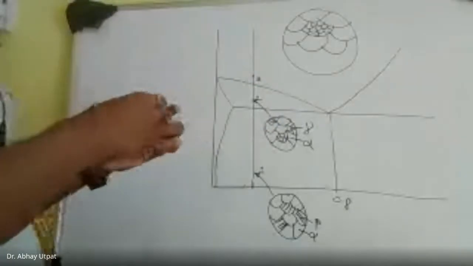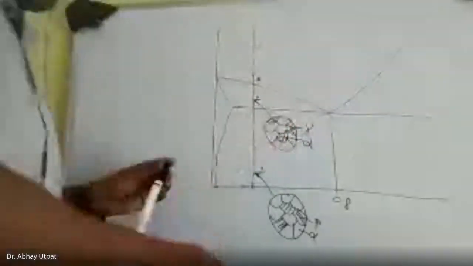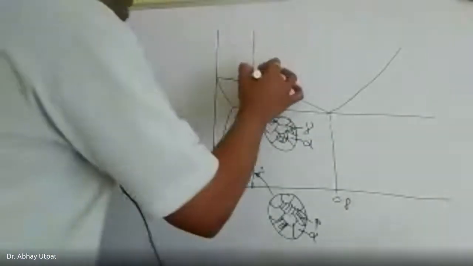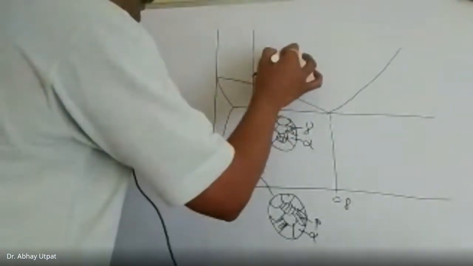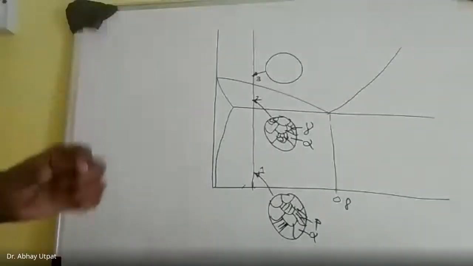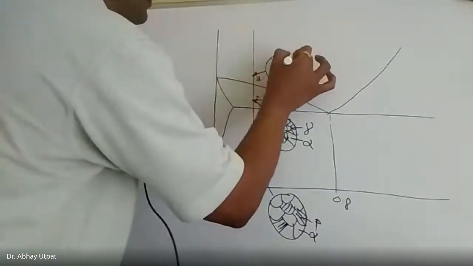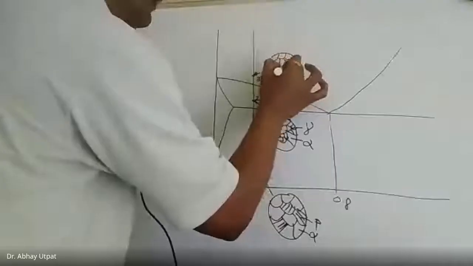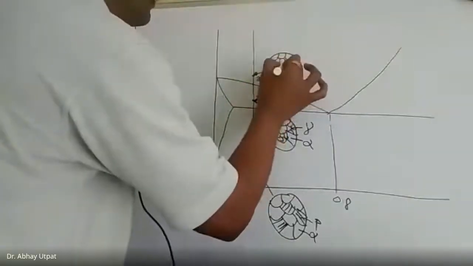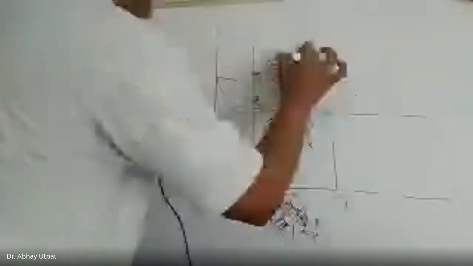At point number 3, just above E3, what is the structure at point number 3? Reply immediately. I will take 2-3 more minutes. 100% austenite. Is it correct? Yes, sir. Okay, very good.